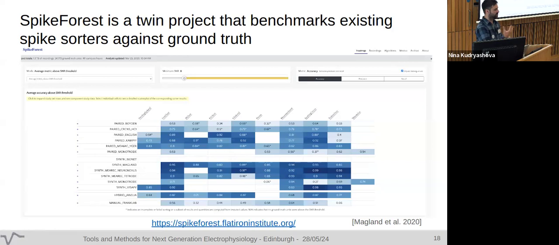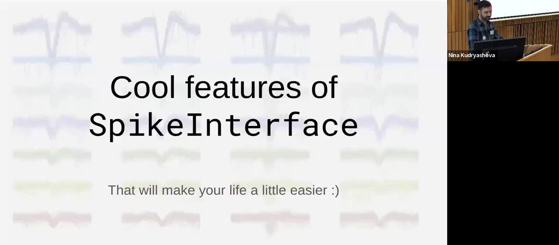So we are in the process of trying to update this with more novel spike sorters and ground truth data, and to provide the users some guidance to say, oh, if I have this kind of data, maybe I should use this sorter because it performs better than this other one. But definitely when this was out, it pushed the spike sorting developers to improve their tools, right? Because they wanted to show off as being better on this platform.